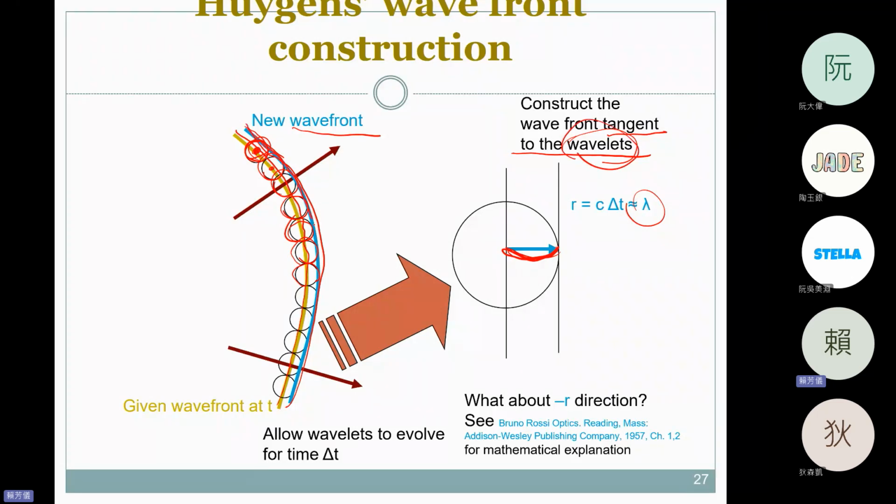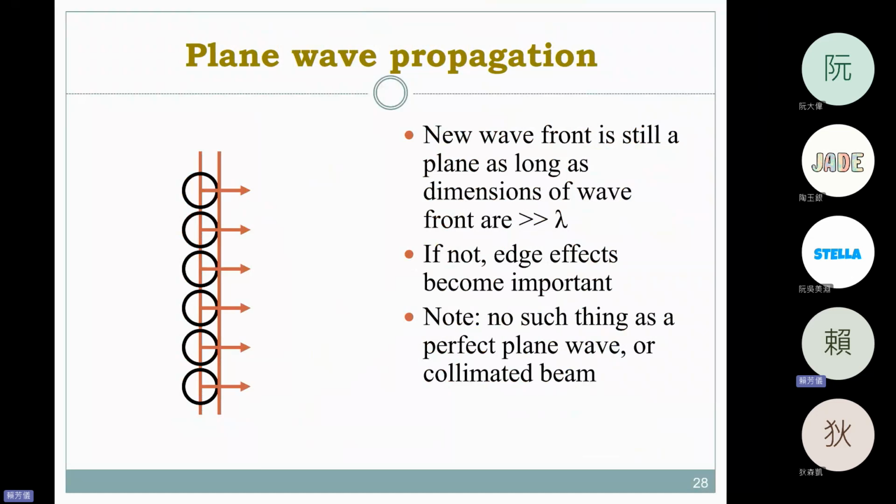Then make a tangent to the wavelets and you will get the new wavefront. If the new wavefront is a plane, we call it a plane wave, and the new wavefront is still a plane as long as the dimension of the wavefront is larger than lambda.